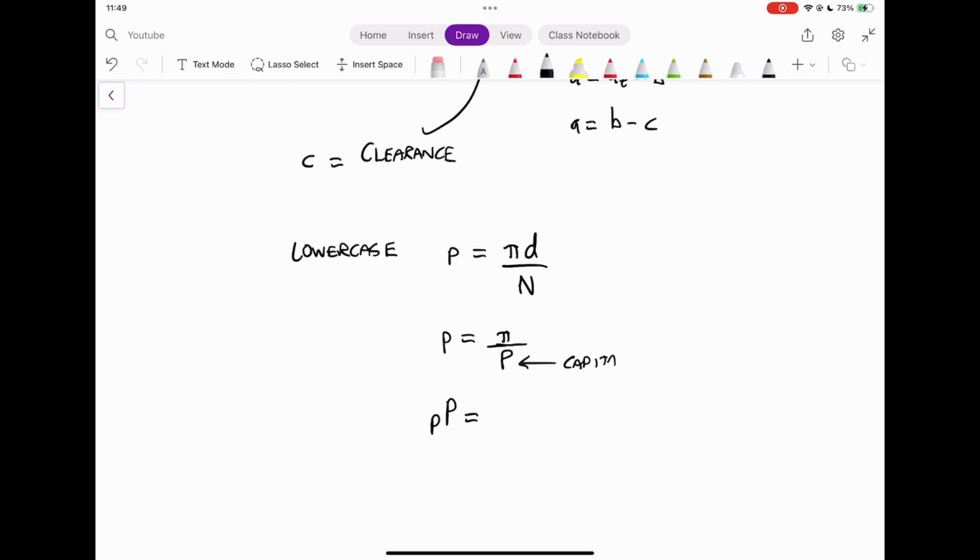Now, from there, we can also write that the definition of p is equal to pi over capital P, which is diametral pitch. And in US units, we can then rearrange the equation to say p times P is equal to pi. And in SI units, we can do the same thing. We can show that the circular pitch is equal to pi times the module.